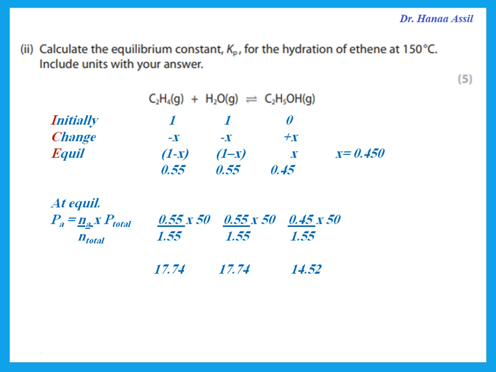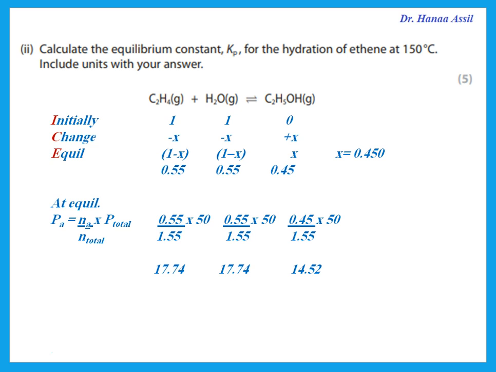At equilibrium, the partial pressure of each one. Remember that he wants Kp. The partial pressure of each one is the number of moles of that over the total number of moles times the total pressure. He tells me that the total pressure is 50. And if I have 0.55 and 0.55 and 0.45, then the total number of moles is 1.55.